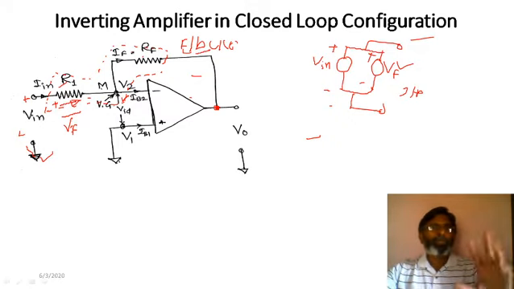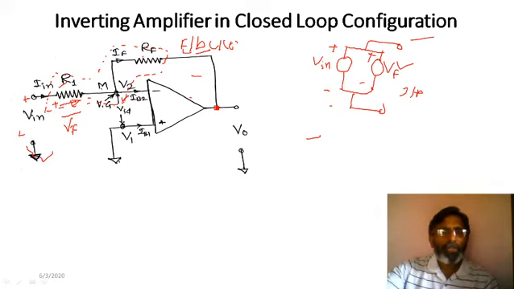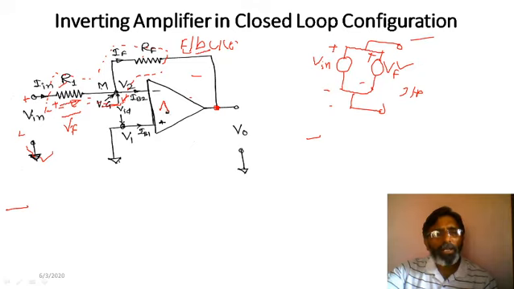Now the next important point is how this inverting amplifier works. We have seen that the gain of this amplifier in open loop is A, and we know that A is equal to VO upon VID.